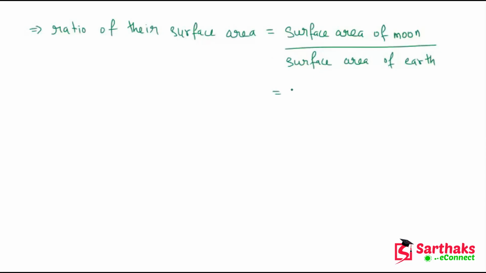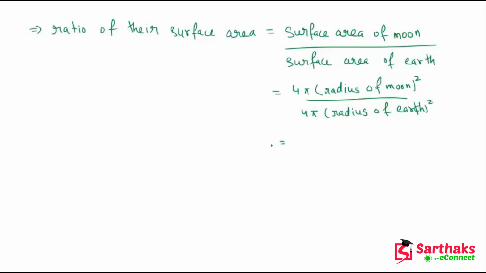Now the surface area of moon is 4 pi into radius of moon whole square, divided by, similarly, 4 pi into radius of earth whole square.